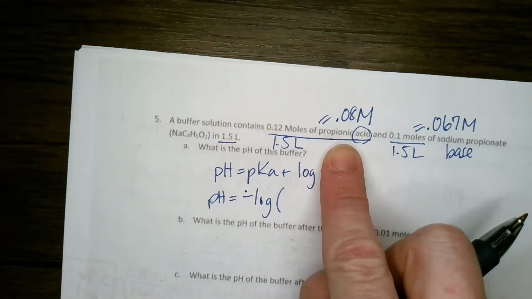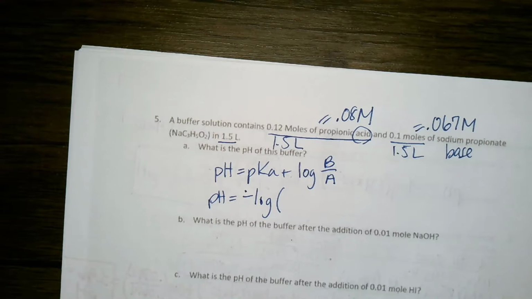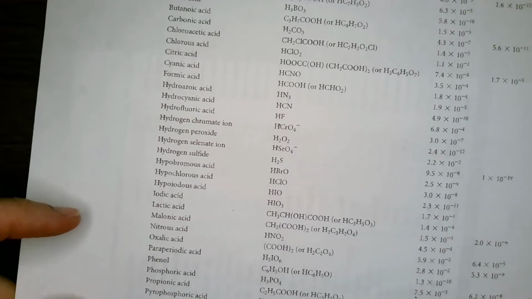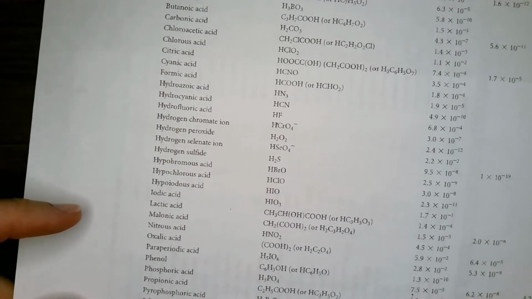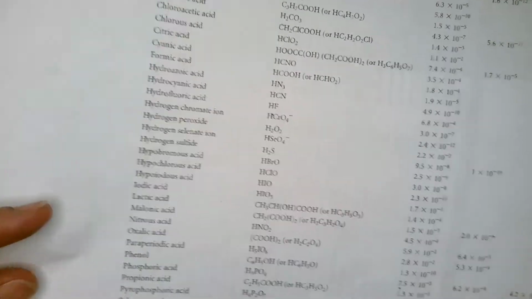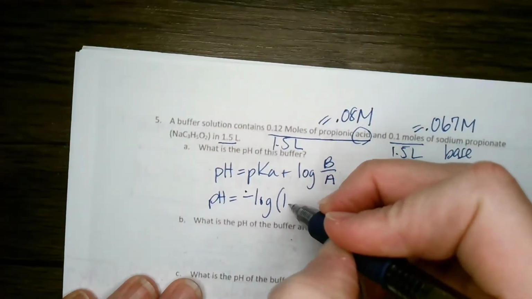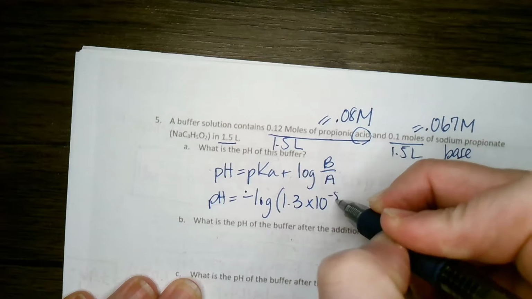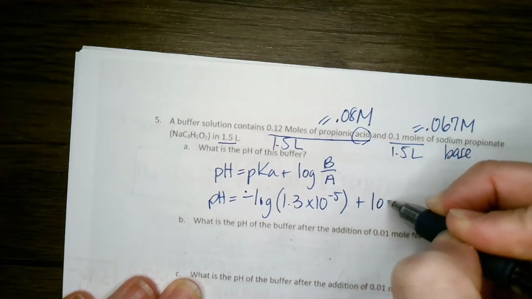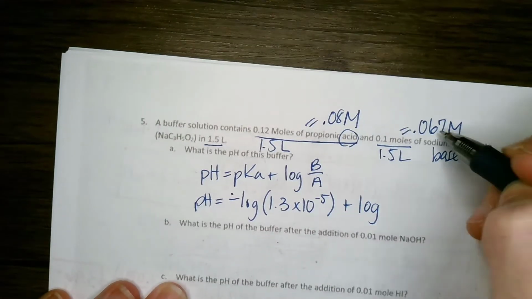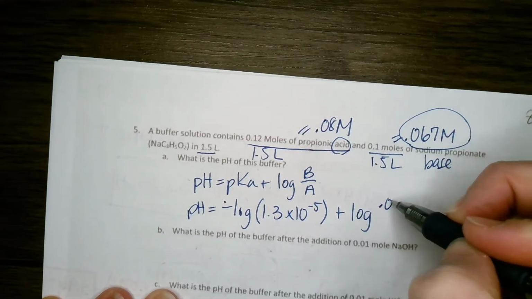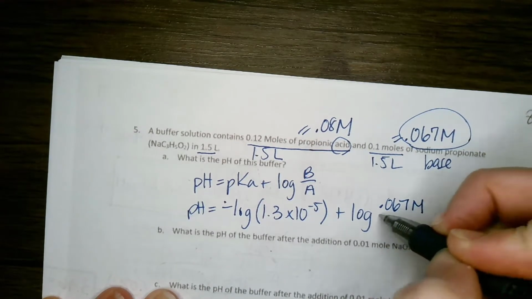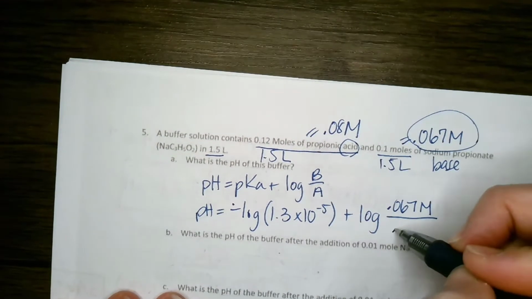So we need to look up propionic acid here real quick. And propionic acid is 1.3 times 10 to the negative 5 plus the log of our base we said was 0.067 and our acid we found was 0.08.